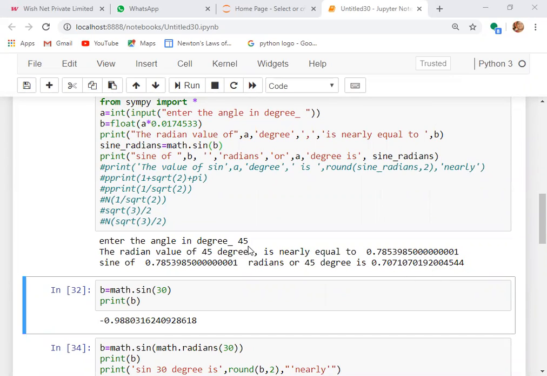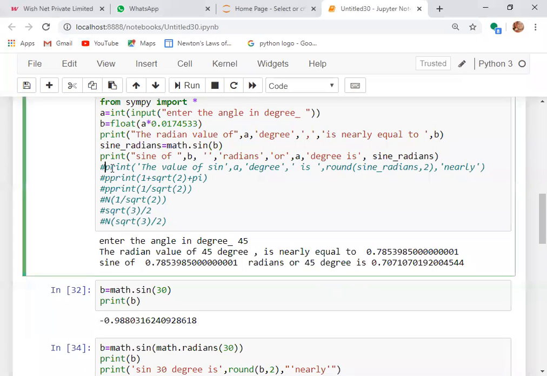So if you want up to 2 decimal places, then you must write this code. You have to round this up to 2 decimal places, so we are importing another function, the round function. Round gives you up to 2 decimal places. The code remains the same; the value of sine A, here we are just using a different approach for the output.